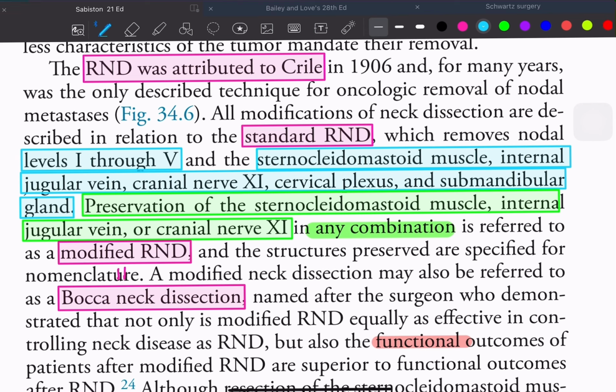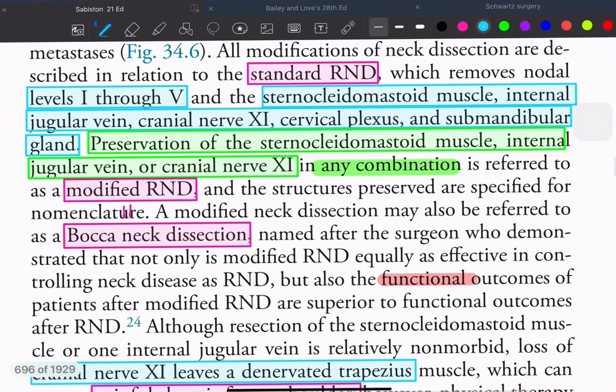Remove 1 to 5, sternocleidomastoid, internal jugular vein, cranial nerve 11, and one more structure given here, the cervical plexus, and the submandibular gland. The modified radical neck dissection is when you preserve the sternocleidomastoid muscle, internal jugular vein, and cranial nerve in any combination.